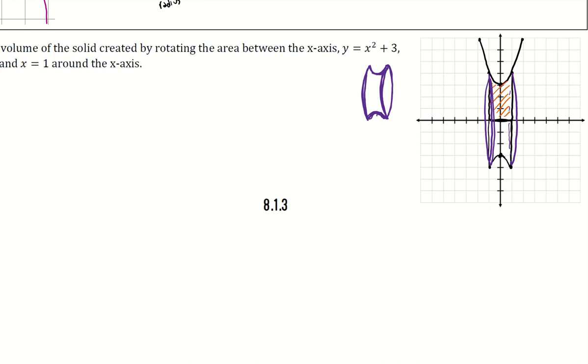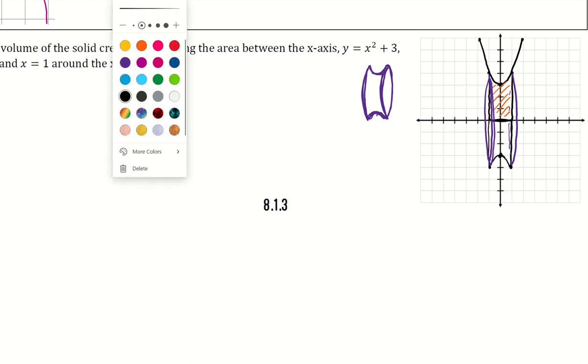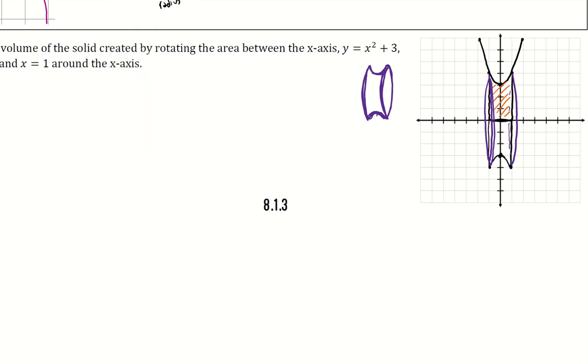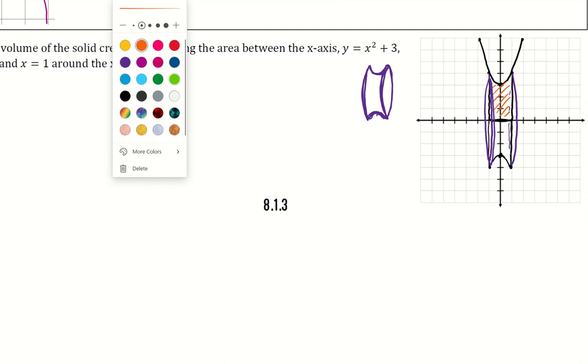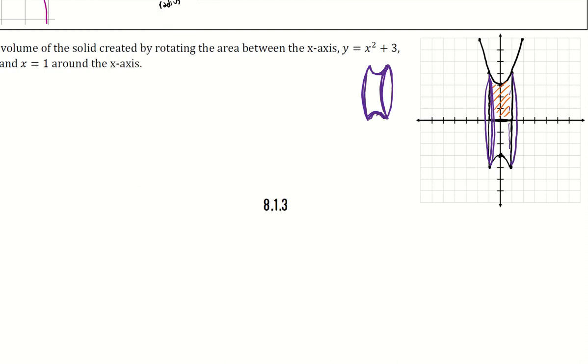So again, I'm going to have my representative rectangle here. If I take that rectangle and I rotate that around, that gives me a disk. The thickness of that disk is going to be dx.